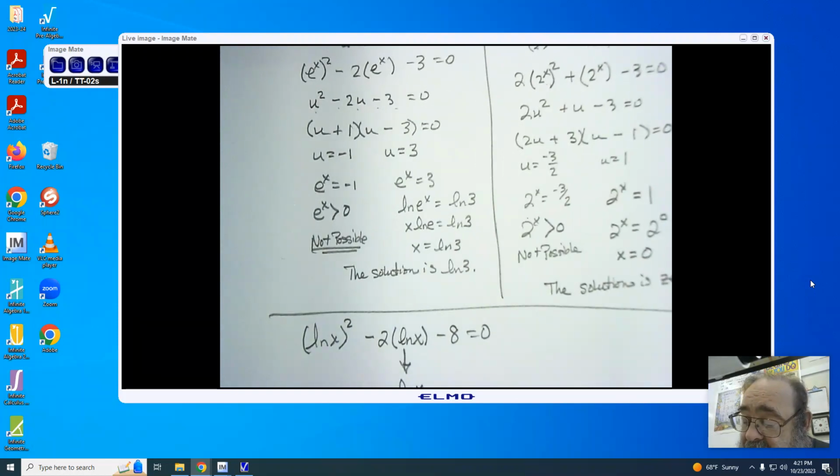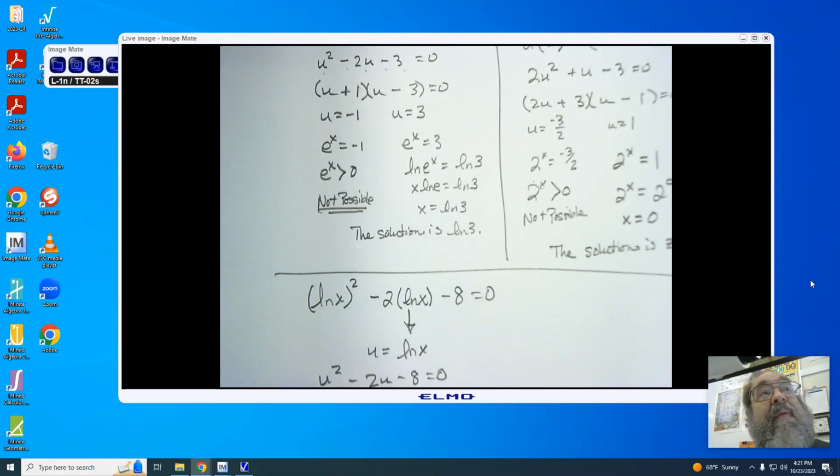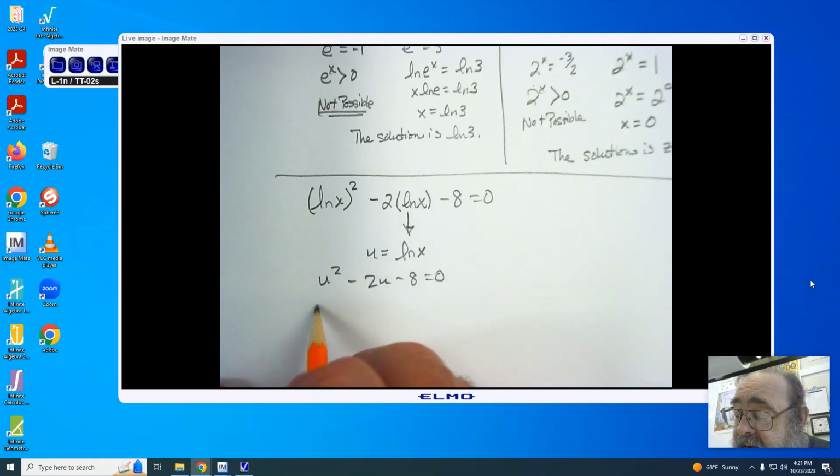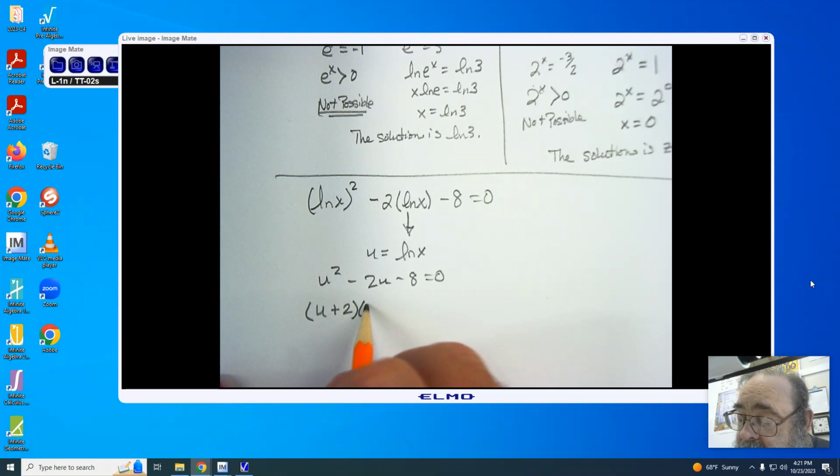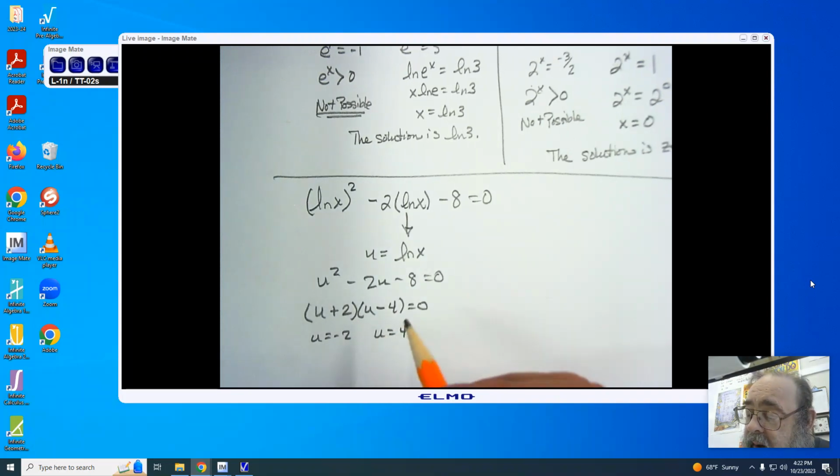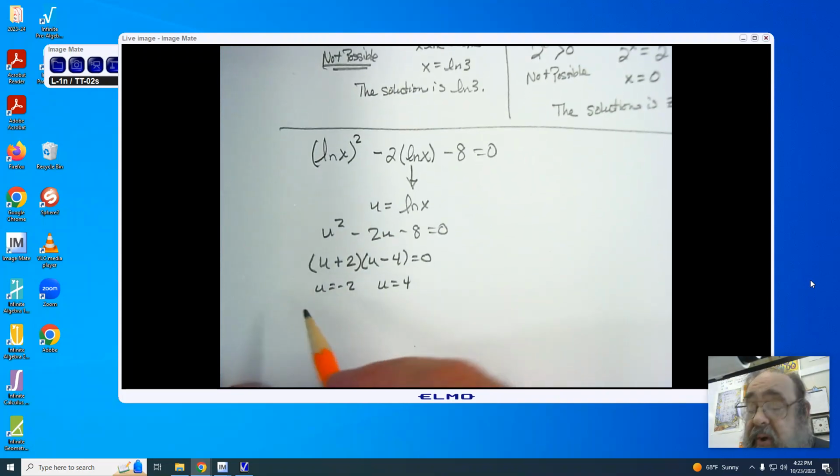That means that I have u squared minus 2u minus 8 equals 0. It then factors into u plus 2 and u minus 4 equaling 0, which means that u is equal to negative 2 and u is equal to a positive 4. But according to our information, u is the natural log of x.